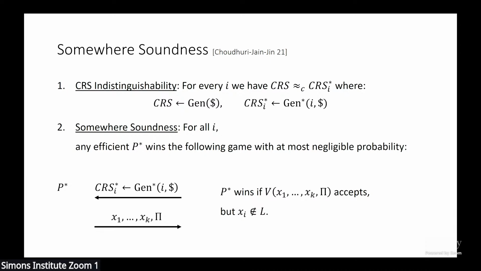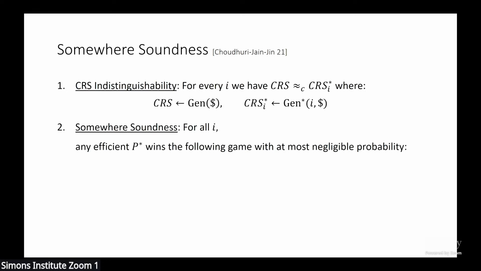First we give the adversary a programmed CRS on i, and then the adversary outputs a sequence of instances and a proof. So this is an adaptive adversary. The adversary wins if the proof is accepting, but the statement xi is false. Before, we just wanted some statement to be false. Now we're focusing only on the statement xi. So this is somewhere soundness.